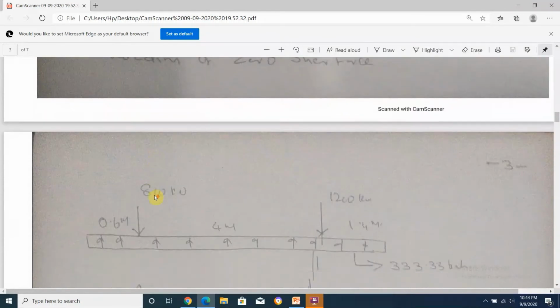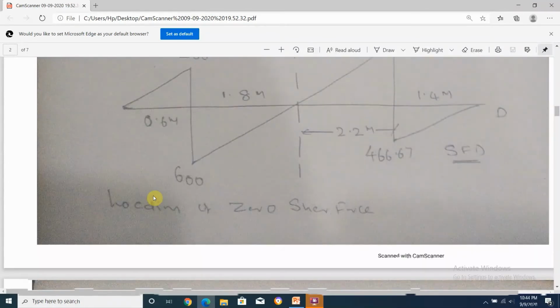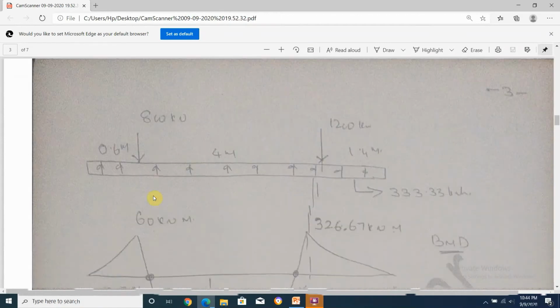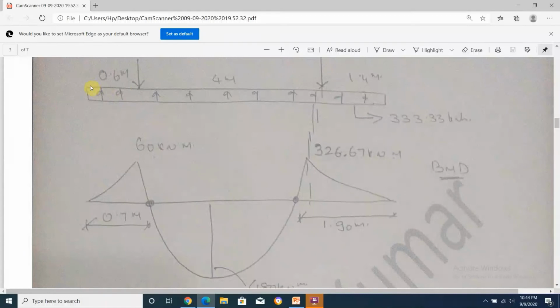Later we have to calculate the position of the maximum bending moment. So this is the cantilever part. Here at this point, if I take a section, the bending moment at this point is a sagging bending moment, upward movement.